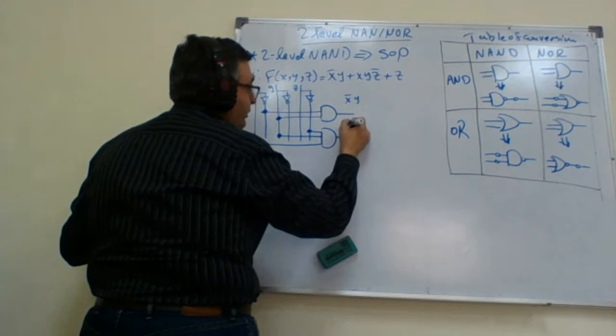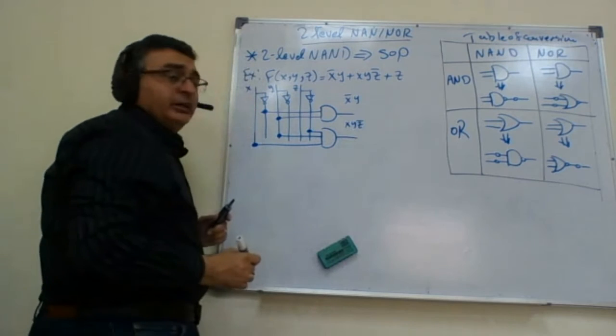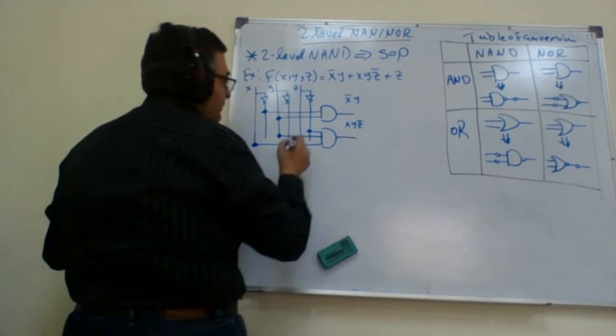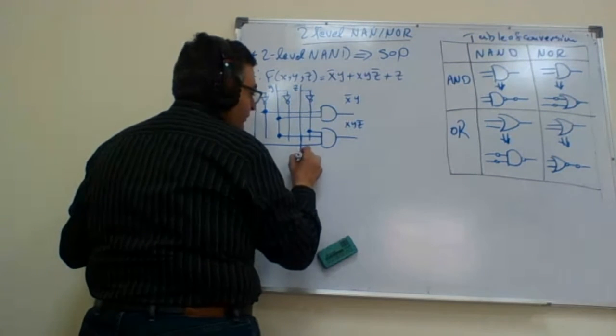So the term here is actually X, Y, Z bar. Finally, I need Z. So I have here the line for Z.